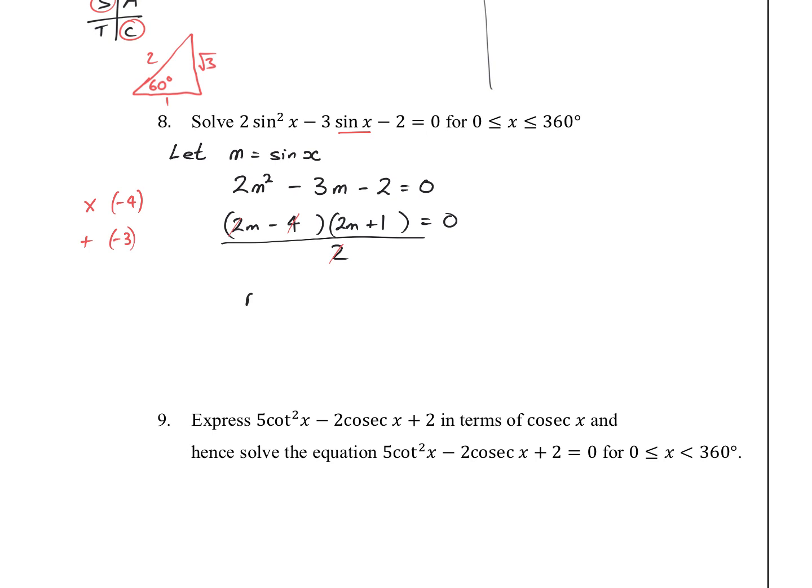So then m minus 2, 2m plus 1 is equal to 0. So m minus 2 equals 0, or 2m plus 1 equals 0, which means m equals 2, or m equals negative a half. So take away the 1 from both sides, divide by 2.